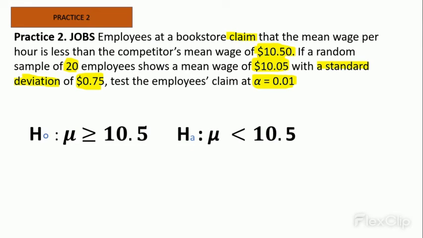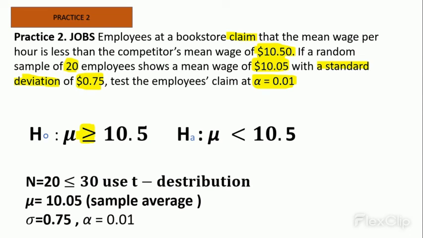The null will be mu greater than or equal 10.5, and the alternative will be mu less than 10.5. N equals 20, less than 30, so we use the T distribution.